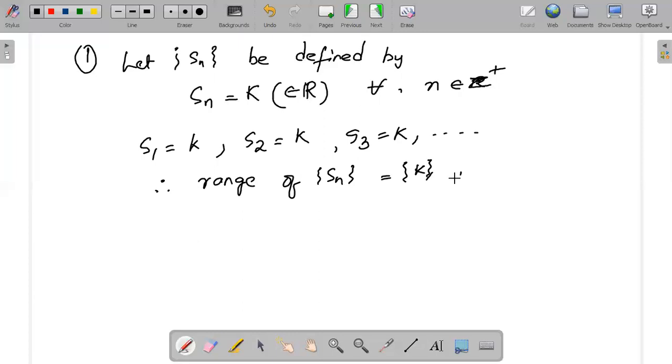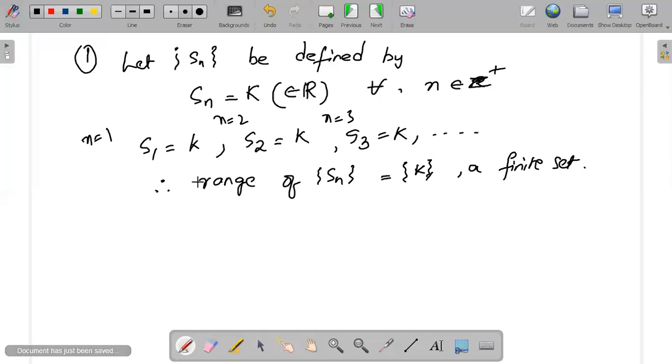And it is a finite set. So for n equal to 1, 2, 3, you get k. Therefore, we found the range of this. The range is a finite set, and it is bounded.